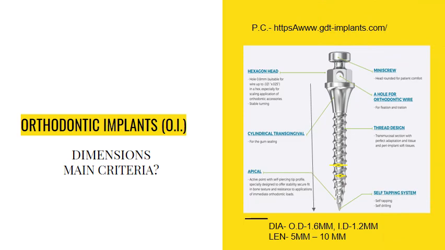The dimensions. As far as the dimensions of the T.A.D is concerned, all you need to know is the diameter and the length of the T.A.D. The yellow line, what you can see, basically represents the diameter of the T.A.D. Now there can be two types of diameter, inner diameter and outer diameter. Obviously the outer diameter is greater than the inner diameter.